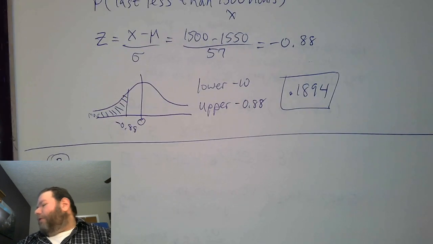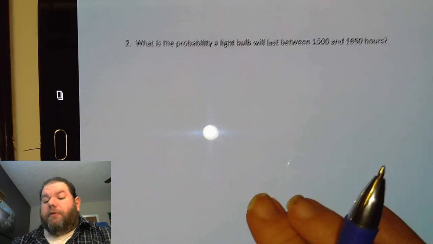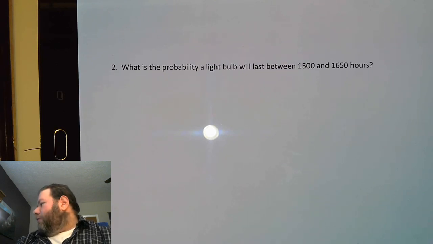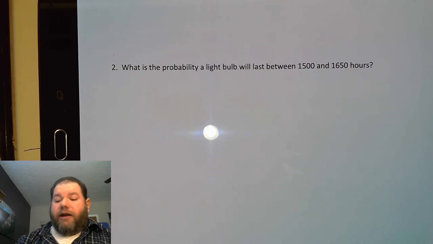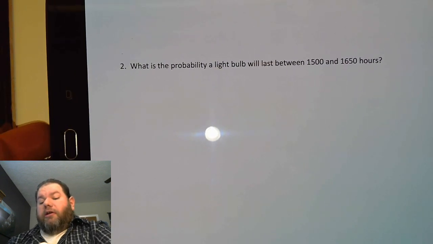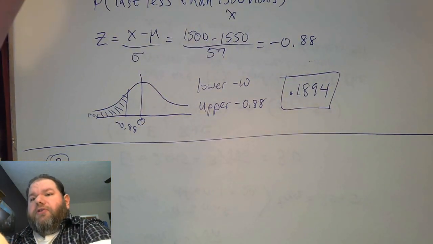Anyway, continuing on, number 2. What is the probability a light bulb will last between 1500 and 1650 hours? Now, we're still referencing the same question.